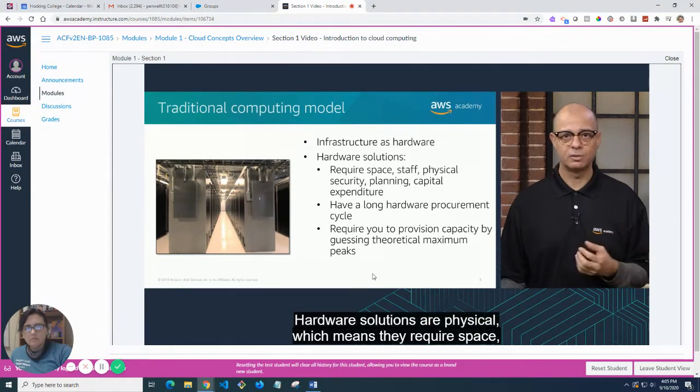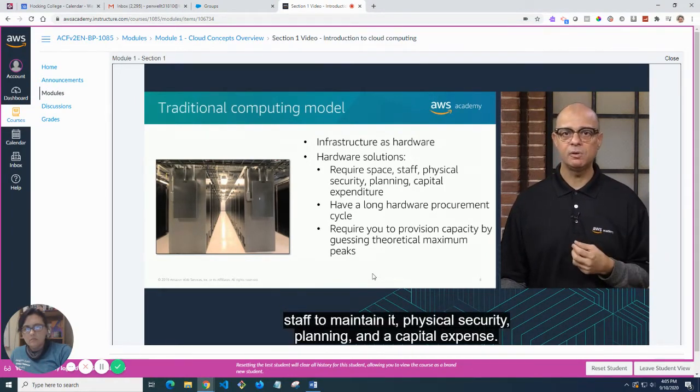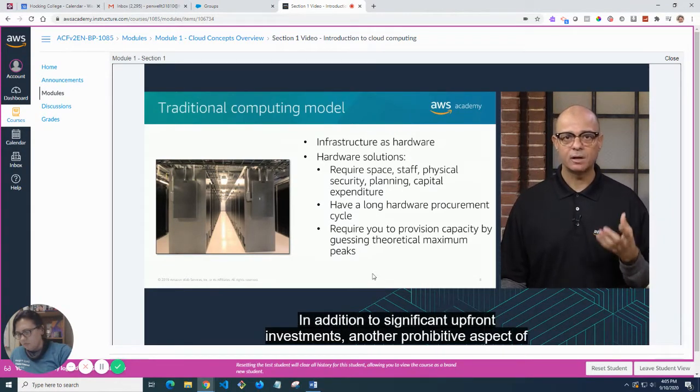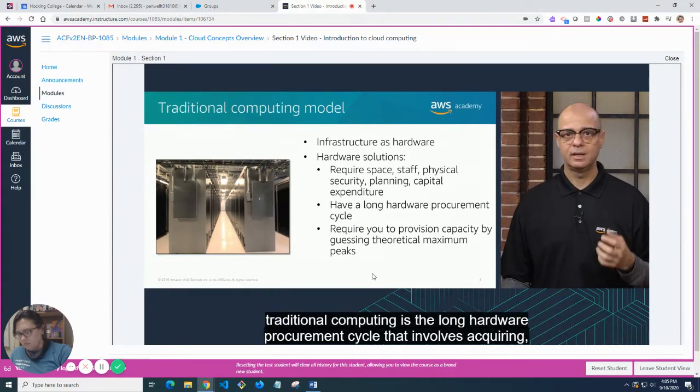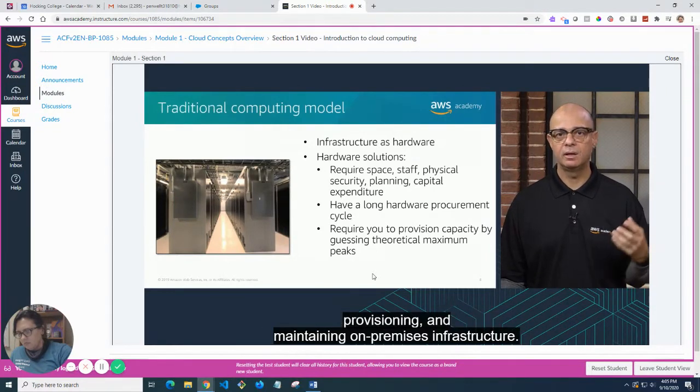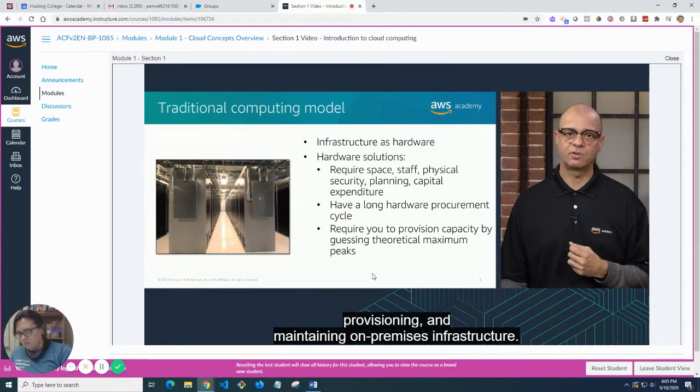Hardware solutions are physical, which means they require space, staff to maintain it, physical security, planning, and a capital expense. In addition to significant upfront investments, another prohibitive aspect of traditional computing is the long hardware procurement cycle that involves acquiring, provisioning, and maintaining on-premises infrastructure.